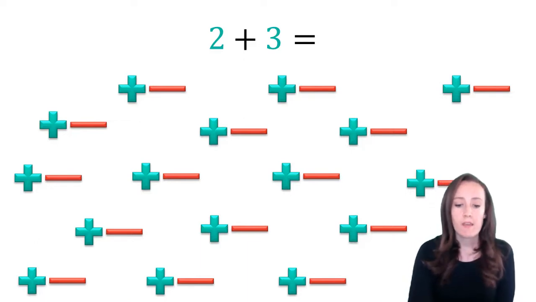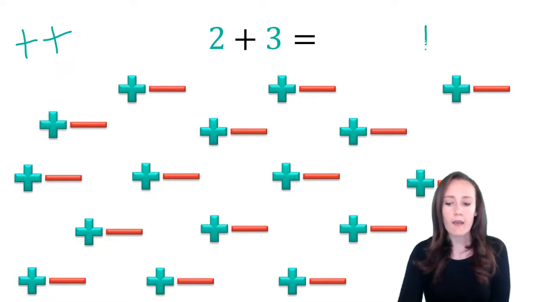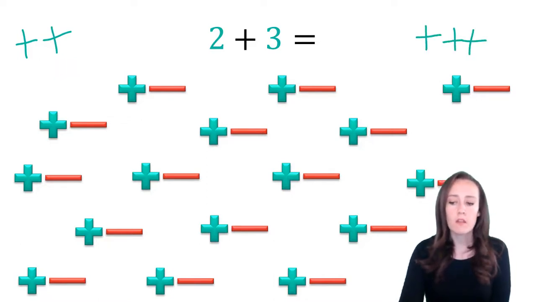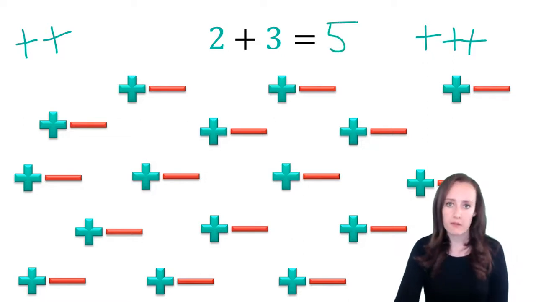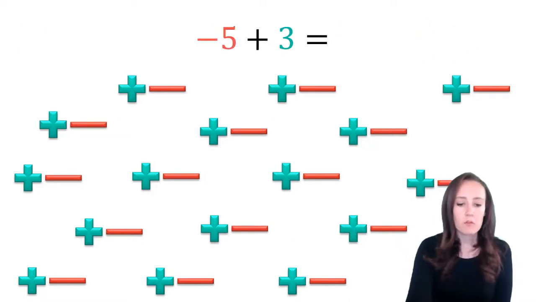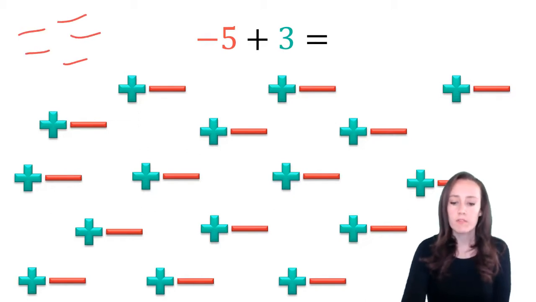And then if I put in 2 positrons, and then I add 3 more positrons, then the overall charge of this situation is going to be a positive 5. If I were to put in 5 electrons, then that would have a charge of -5.